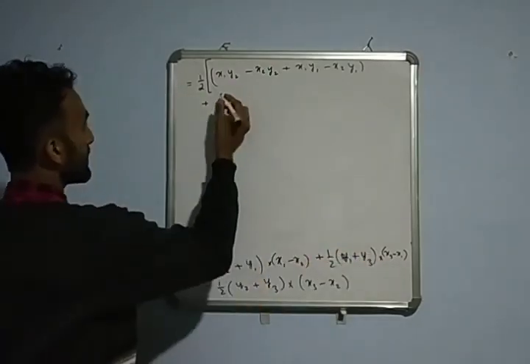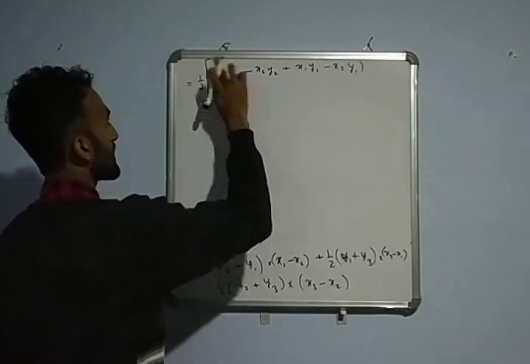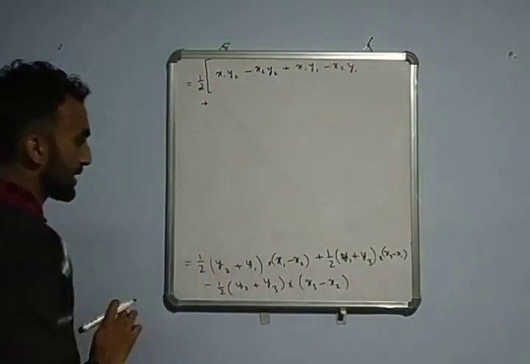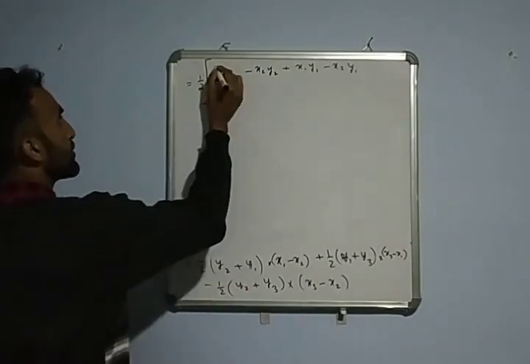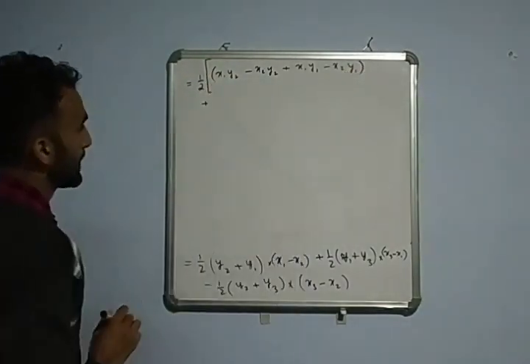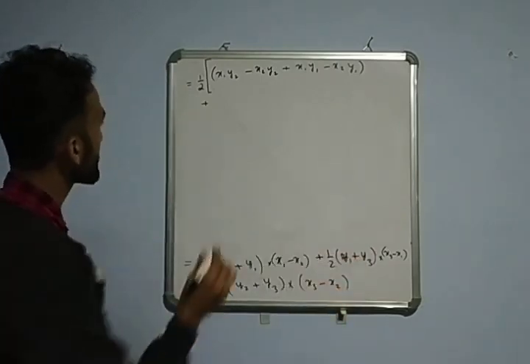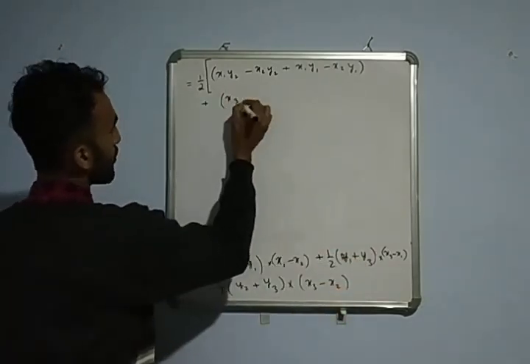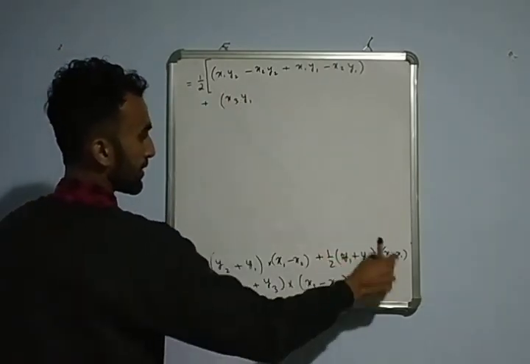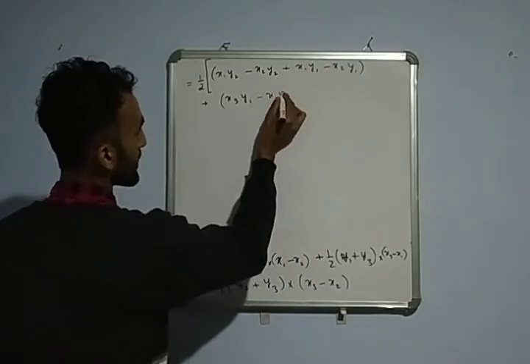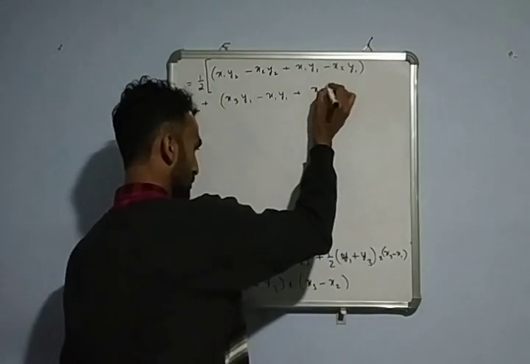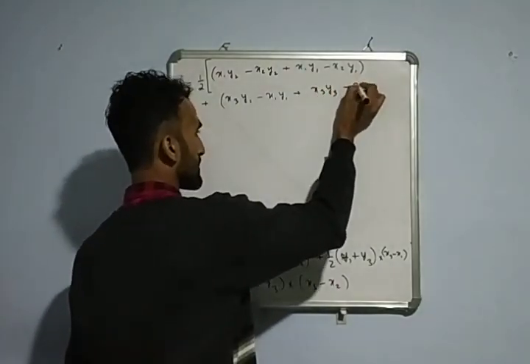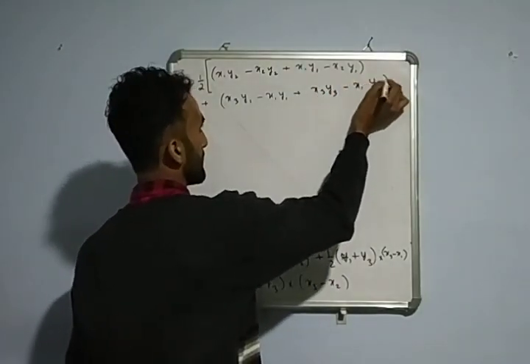Y1 with x3, so that means I don't need this bracket anymore because half I have already taken common. So I'm going to use bracket here. Plus y1 with x3, that means x3 y1 minus x1 y1 plus x3 y3 minus x1 y3.